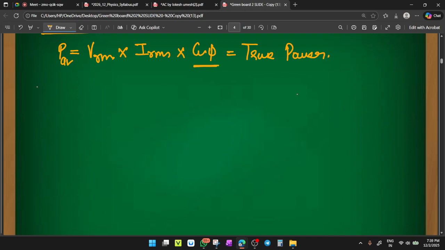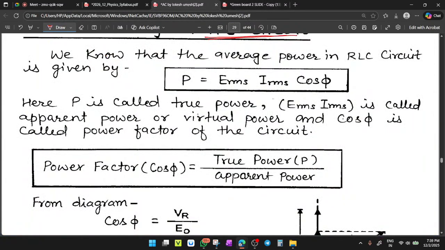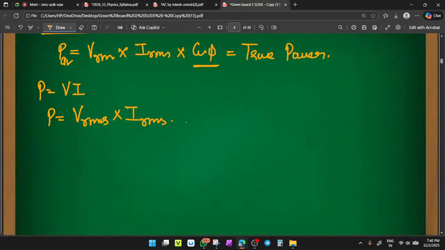But by the formula P equals VI, if you only write VRMS in the place of V and IRMS in the place of I, then this type of power is called apparent power or virtual power, because only this much formula is not sufficient to give you the power.